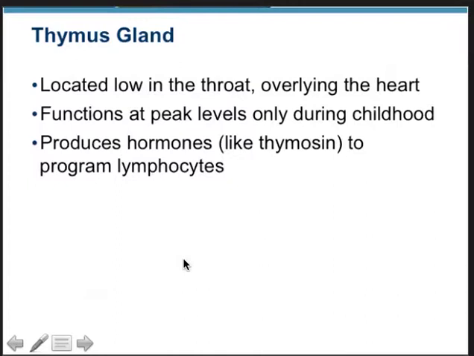Up until that point, when they're still being educated, it's important that the developing immune system get a little bit of help. This is why the fetus actually gets some antibodies directly from the mother while it's developing in utero, and also through mother's milk as it nurses, as a way to sort of buy time for the immune system to mature to the point where it can actually fight disease effectively on its own.